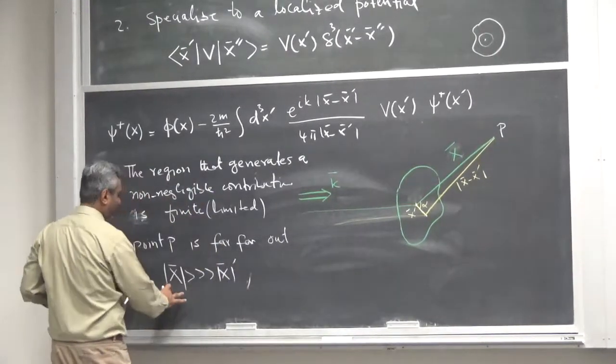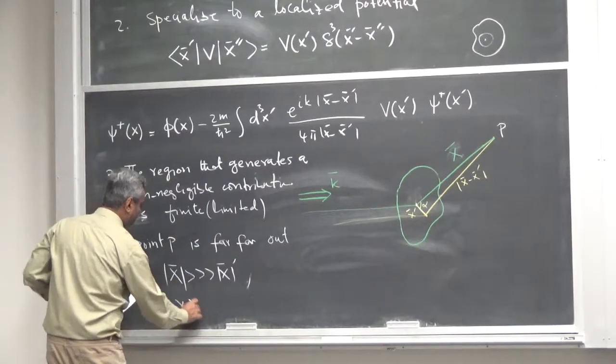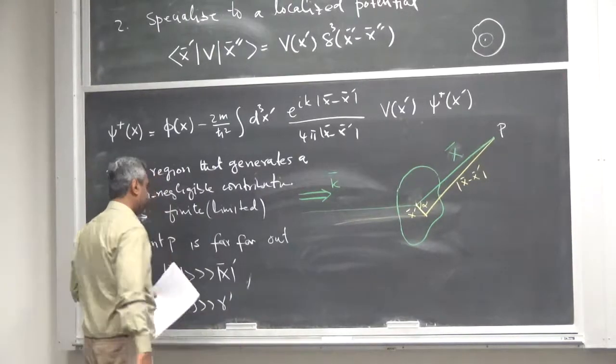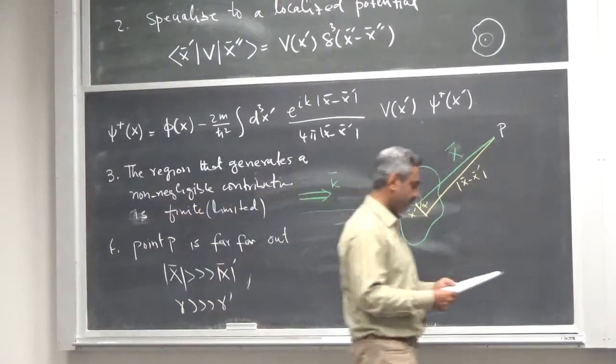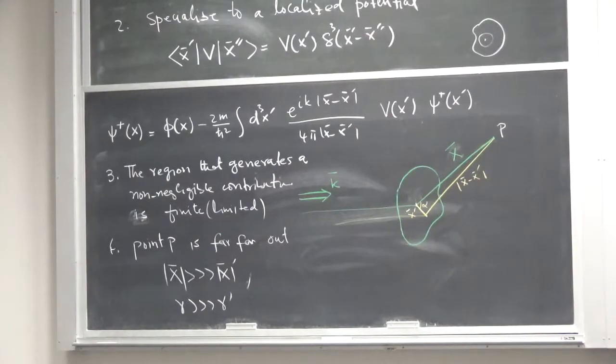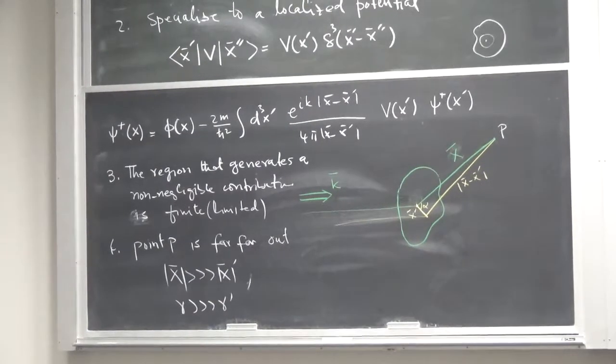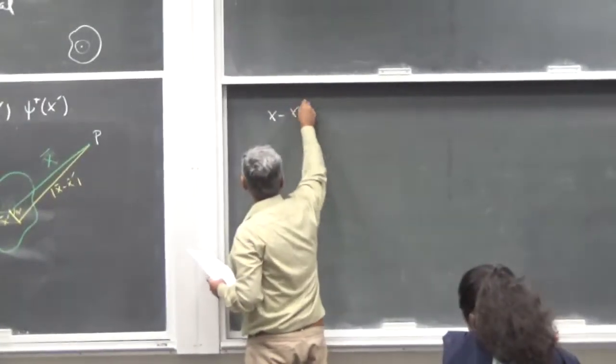We're going to call the magnitude of x r. So r is much bigger than r prime. Any questions, guys? Okay. So, x minus x prime.